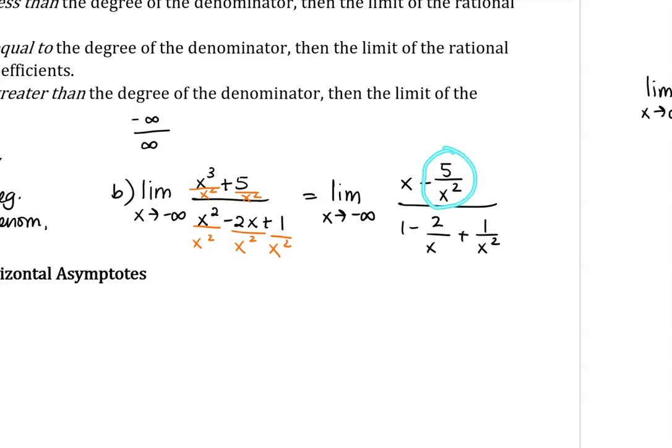We know that several of these limits are going to go to 0. So all we will be left with is this x over 1. And the limit as x approaches negative infinity of x is negative infinity.